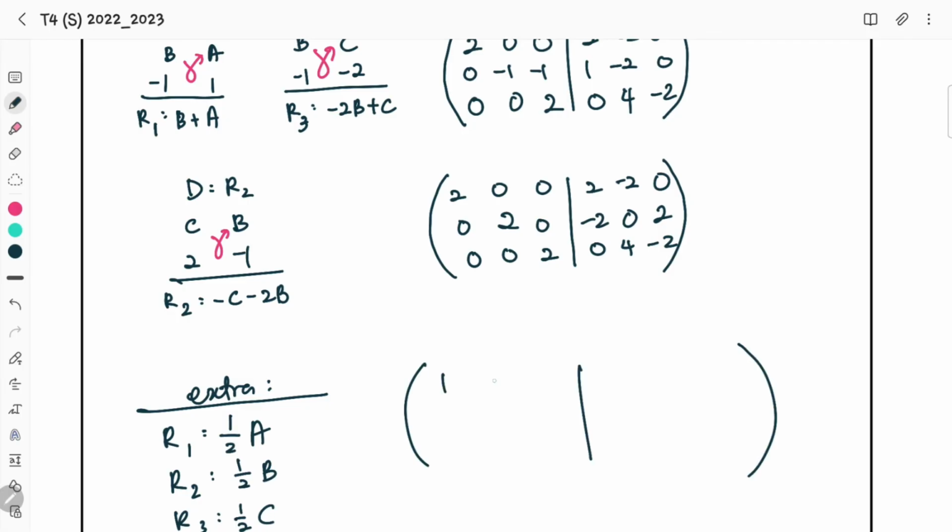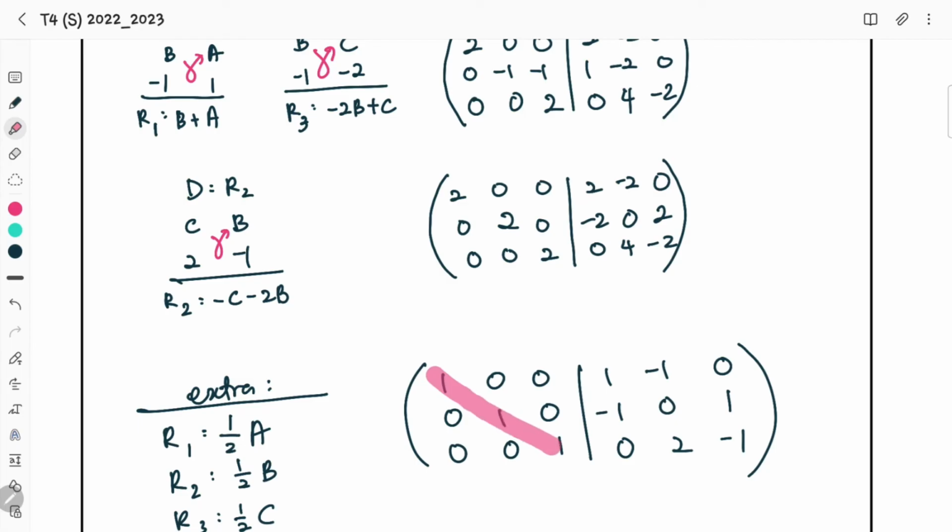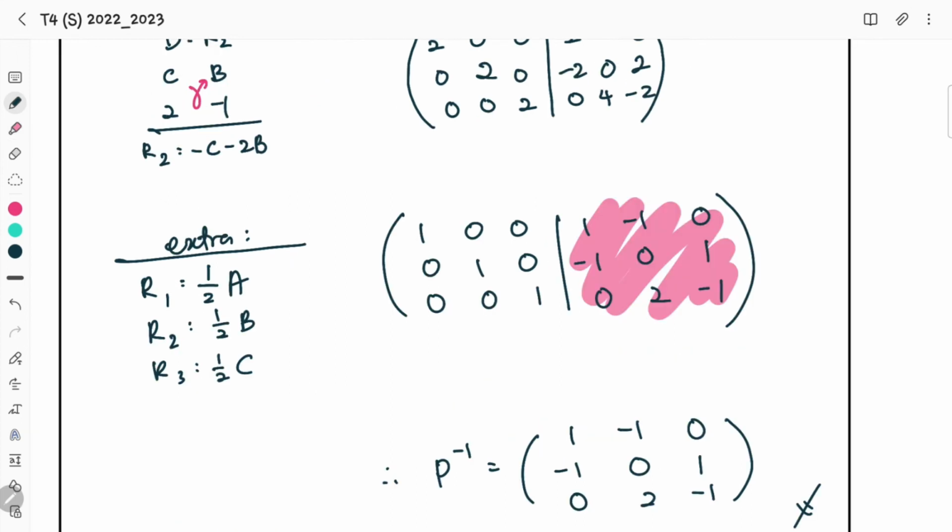Now this will be 1, 0, 0, 1, negative 1, 0, 0, 1, 0, negative 1, 0, 1, 0, 0, 1, 0, 2, negative 1. As you can see here, after multiplying everything by 1 over 2, you get 1 on the diagonal. So this is the inverse of P. Just state that as your final answer.